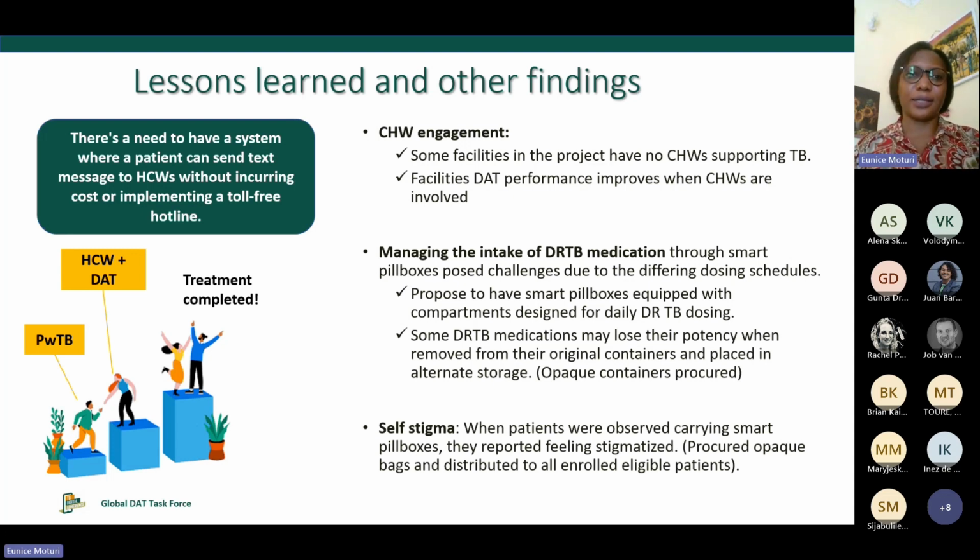To some extent, it helped, and at least we were able to enroll some of the patients to the DAT.